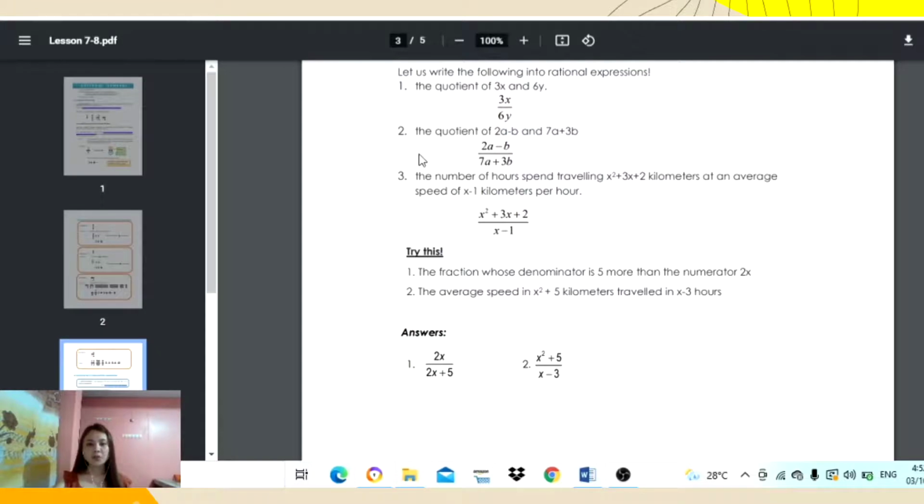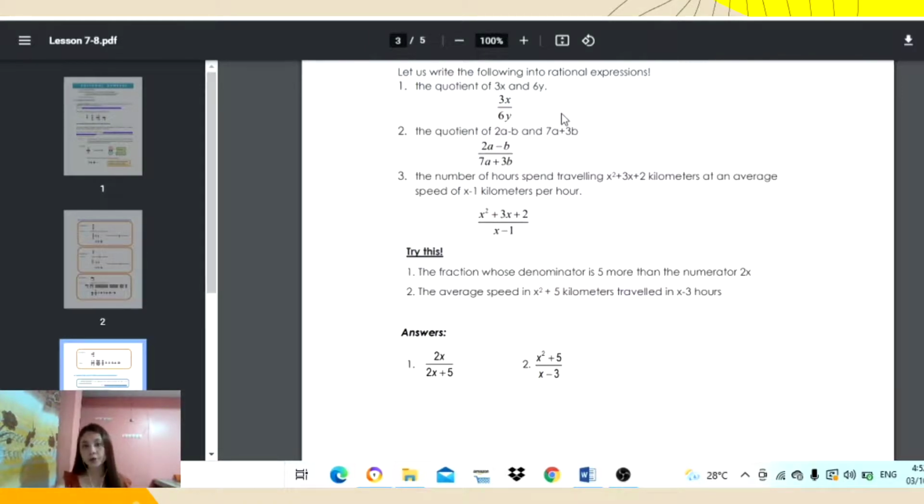For statement number 2, we have here the quotient of 2a minus b and 7a plus 3b. So the same as example number 1, if we are given this kind of statement in which we are asked for the quotient of two expressions, the first expression will automatically be our dividend, and the second will be the divisor.